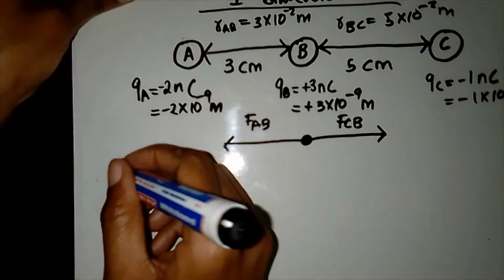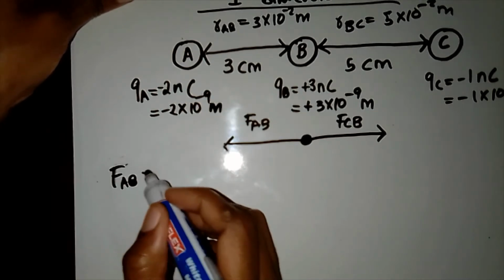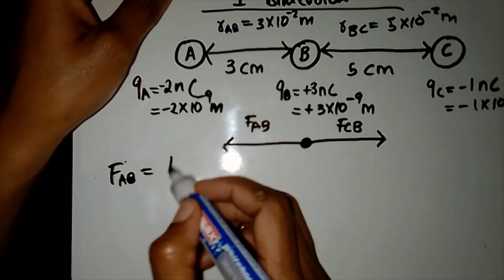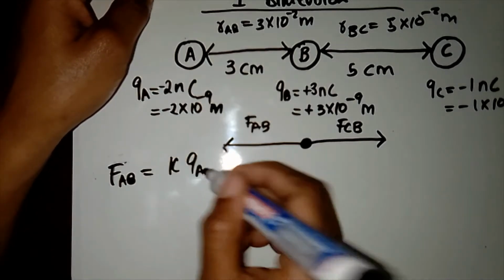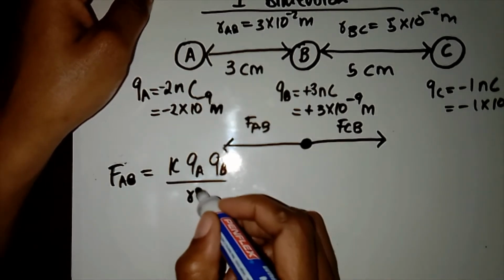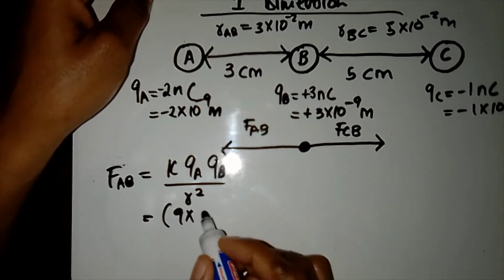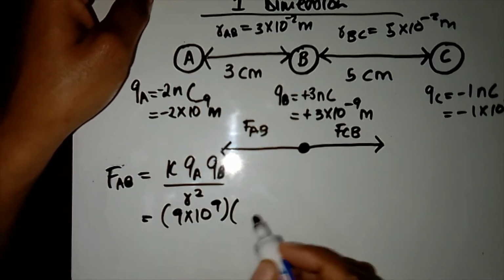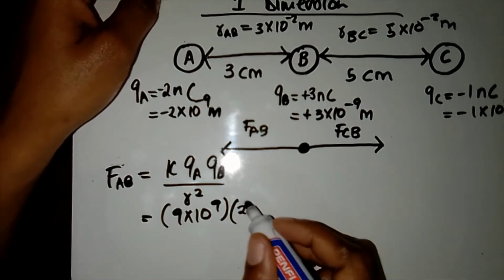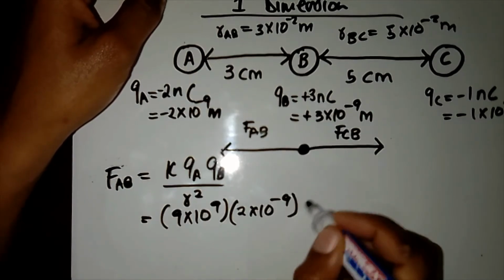We want the force on B because of A, which will be given by K, the product of QA and QB, all divided by R squared. This is a simple calculation. K is Coulomb's constant, given by 9 multiplied by 10 to the power of 9, and then it's just a matter of substituting everything in.